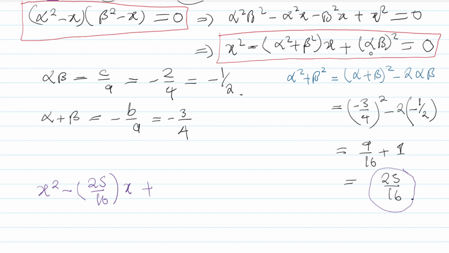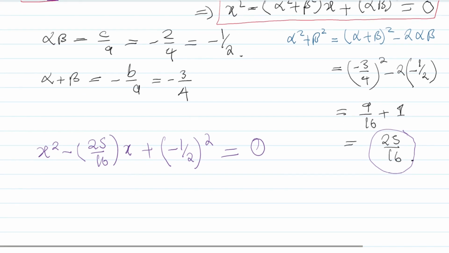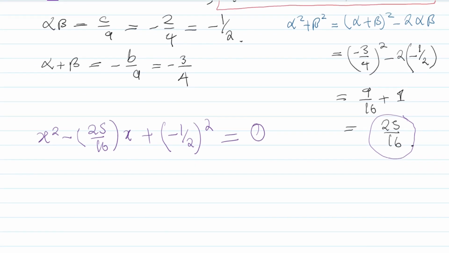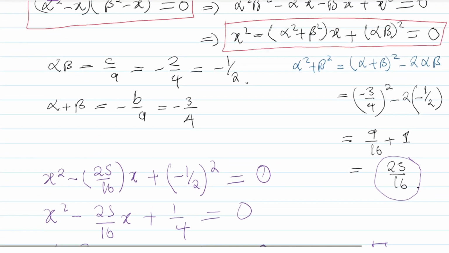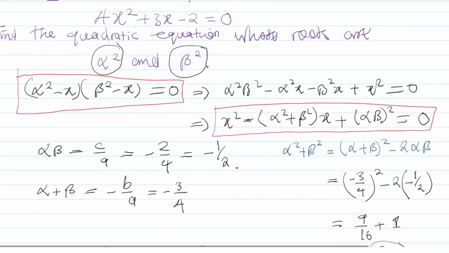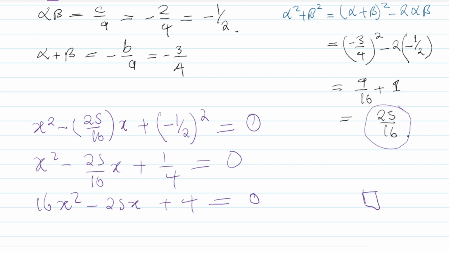Then plus (alpha beta) squared, alpha beta is negative 1 over 2, squared, is equal to 0. That's it. If you want, you can expand it further. So this is x squared minus 25 over 16 x plus 1 over 4 is equal to 0. You can multiply throughout by 16. So that is the equation whose roots are alpha squared and beta squared.